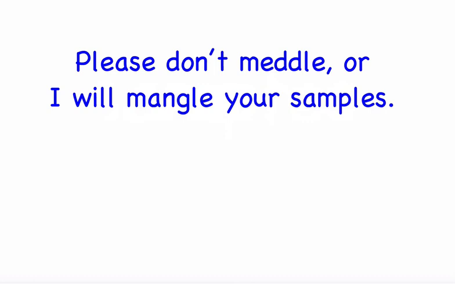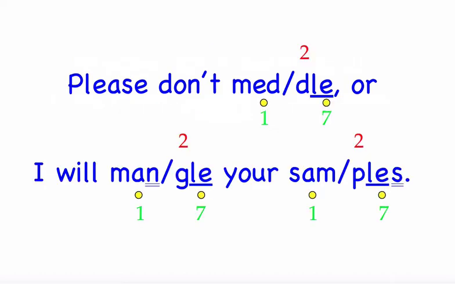Samples. Please don't meddle, or I will mangle your samples. Mark the words. Please don't meddle, or I will mangle your samples. Notice in mangle, N is representing its second sound because it's followed by the sound G. When N is followed by the sound G or K, N will represent its second sound.